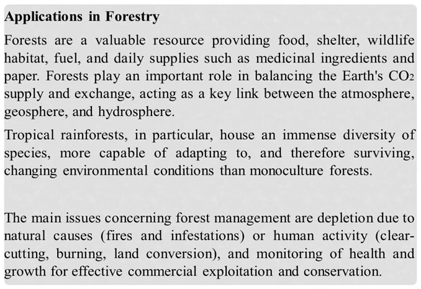If you look toward the tropical area, which is near the equator, between the Tropic of Capricorn and the Tropic of Cancer, there is much forest there, with an immense diversity of species, more capable of adapting to and surviving changing environmental conditions than monoculture forests. How do we consider monoculture forests?